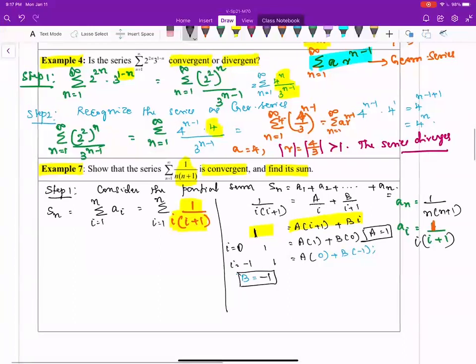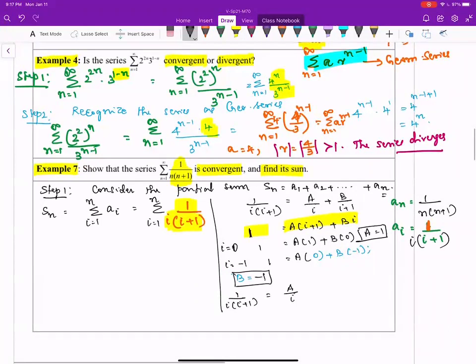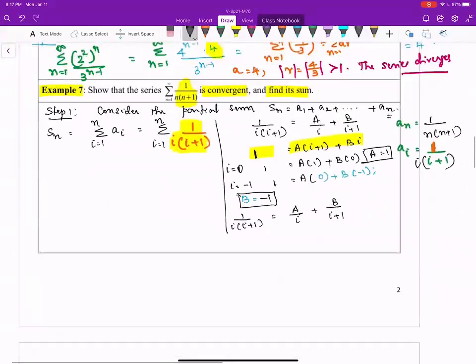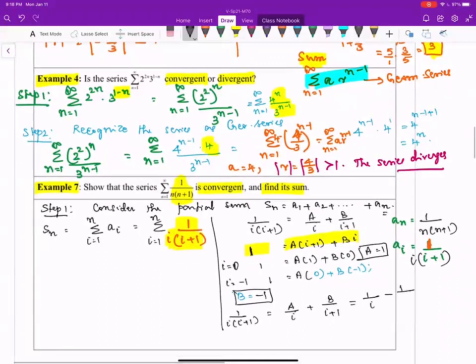So we get 1 over i times i plus 1 equal to A over i plus B over i plus 1. With A equal to 1 and B equal to -1, this is 1 over i minus 1 over i plus 1. So we have resolved this into partial fractions.